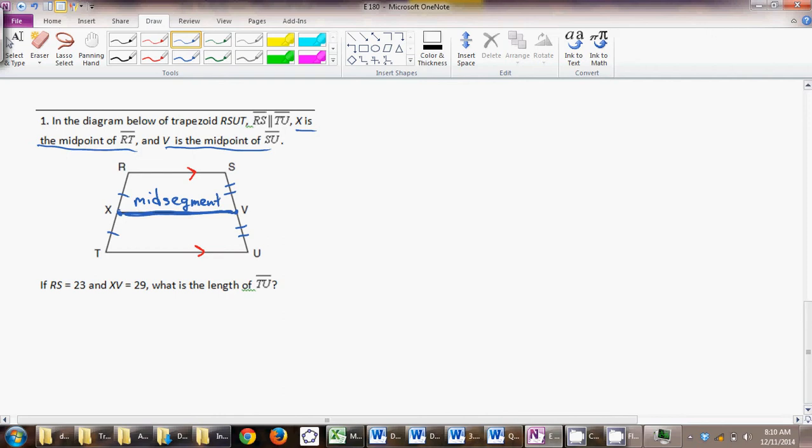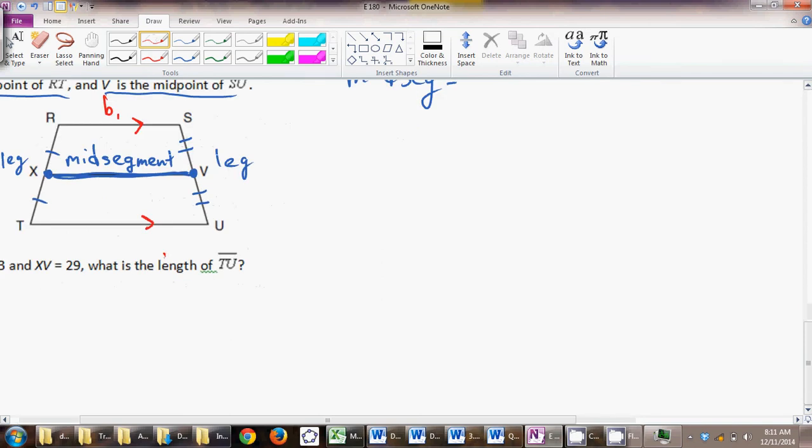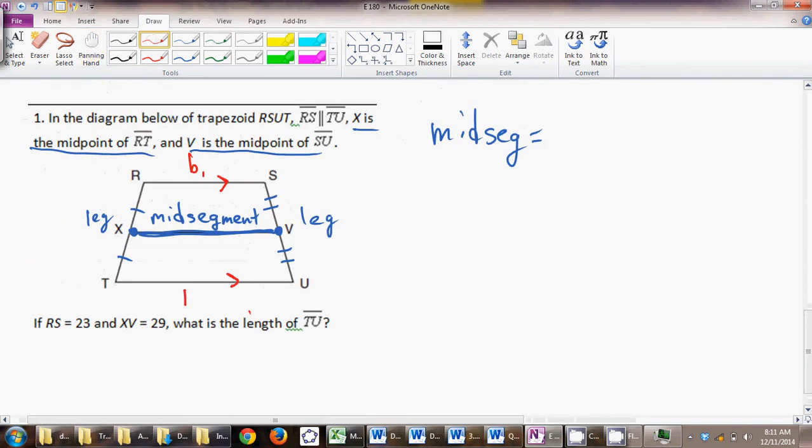Because a mid-segment is the piece of a line that connects the midpoints of the legs of our trapezoid, okay? And I know my mid-segment in a trapezoid is equal to the average of my bases, okay?